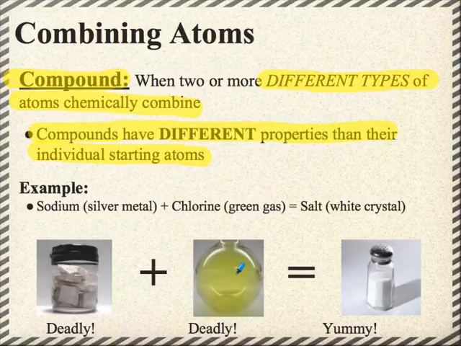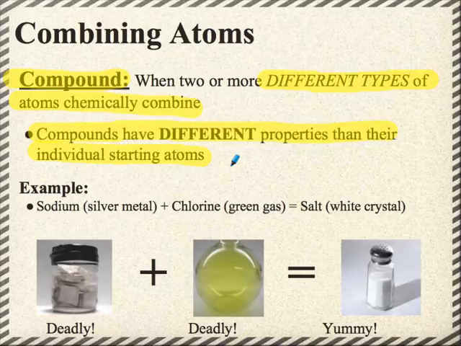However, when you combine these 2 atoms together, you can create something that tastes good. A lot of you guys like salt. You put salt on fries. You put salt on a lot of things. So you can take 2 deadly things and make a good thing. Vice versa, you can take 2 very good things and make something very bad. So that's what happens when you create a compound.